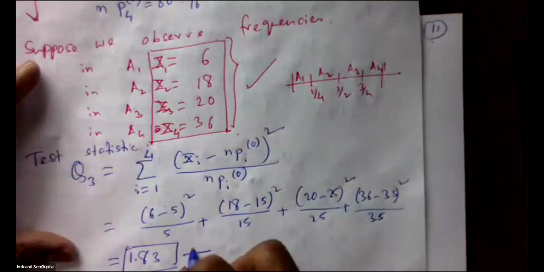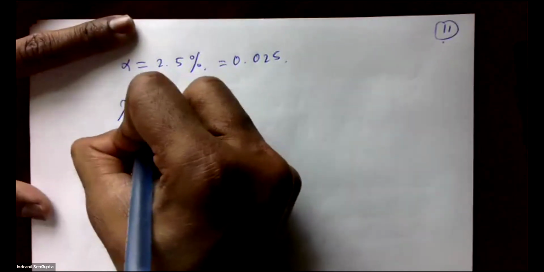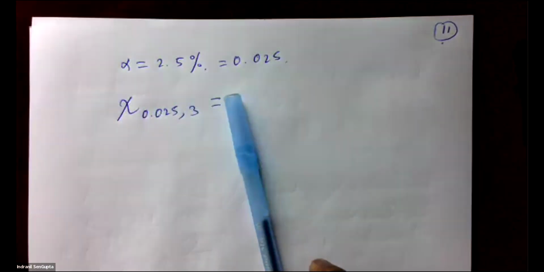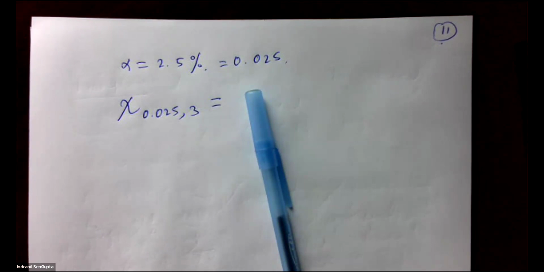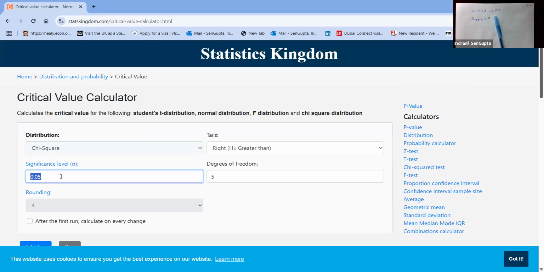So we have already seen the observed one. What we found here is the chi-squared observed. So what is the chi-squared with 3 degrees of freedom? Let's compute this from the table. So I go back to the chi-square table. I have significance level 0.025, and my degrees of freedom here is 3.